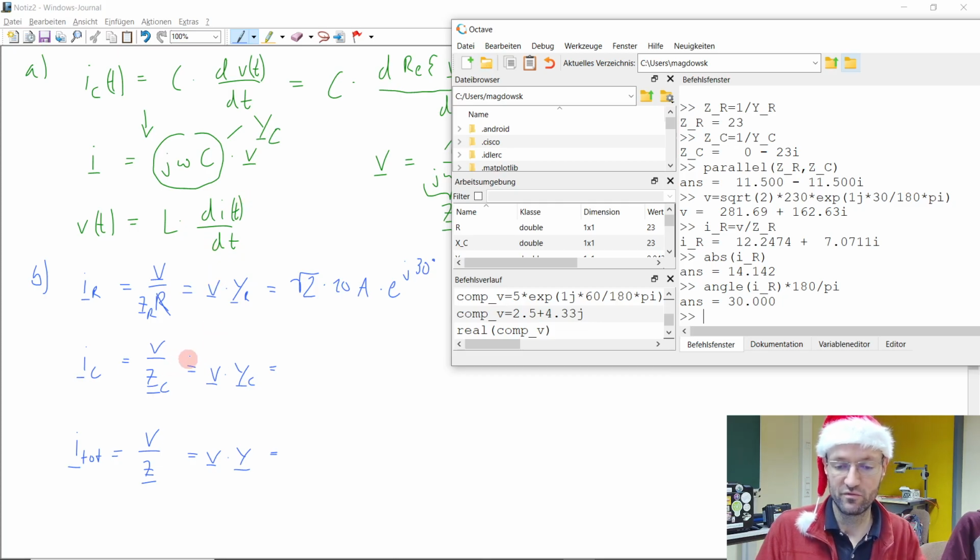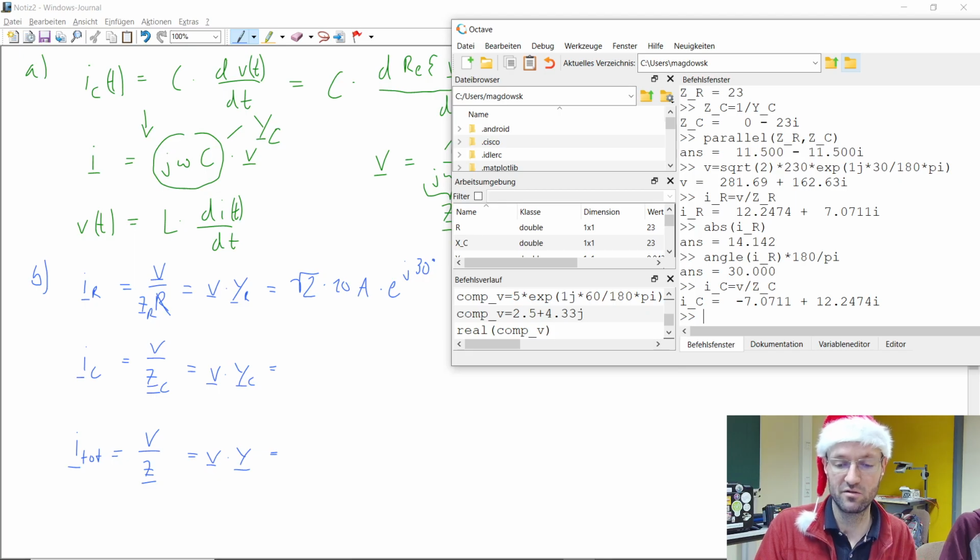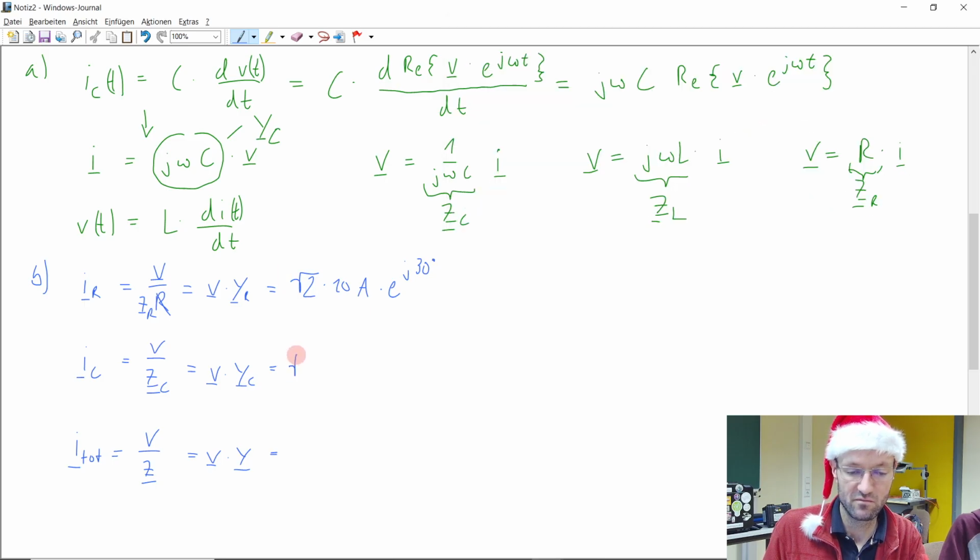If we do the calculation here for the IC, it's also the voltage divided by the impedance of the capacitor. We get something, and in this case we should get square root of 2 times 10 ampere, same value, and e^(-j60 degree).